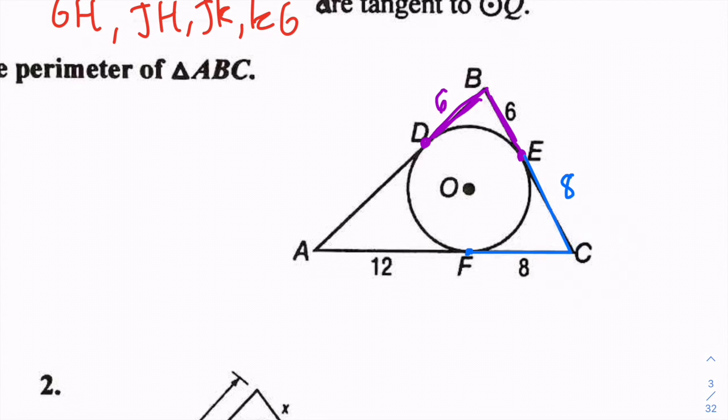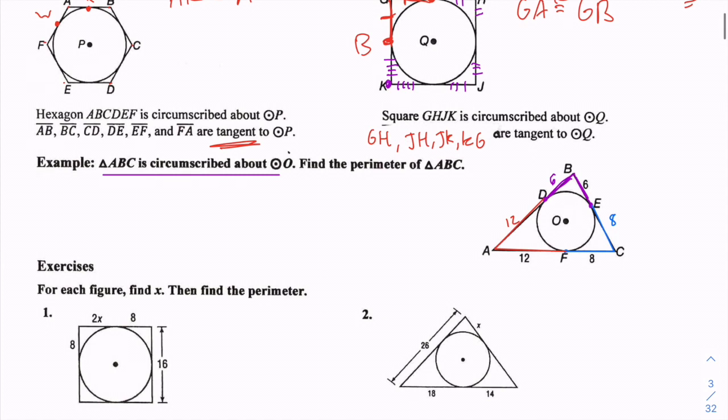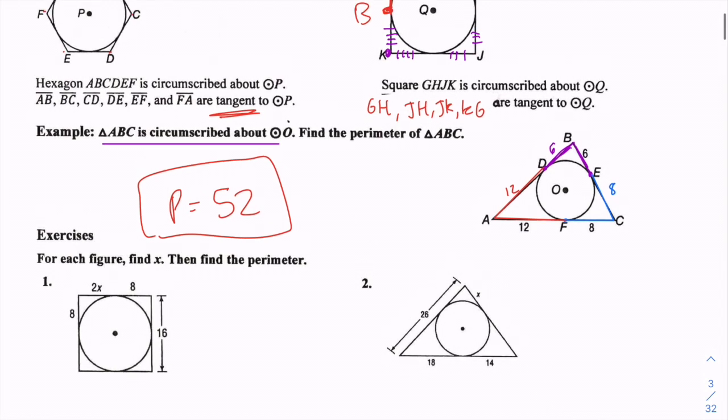And again, if AF is 12, then AD has to be 12. That's what that theorem is saying. Nothing special. To find the perimeter, you just add up the whole entire side, so the perimeter is 52.